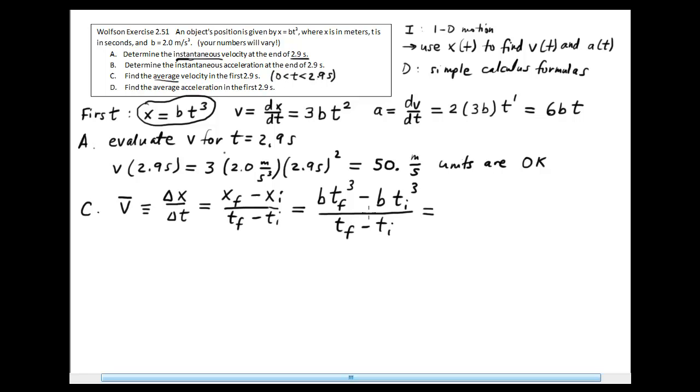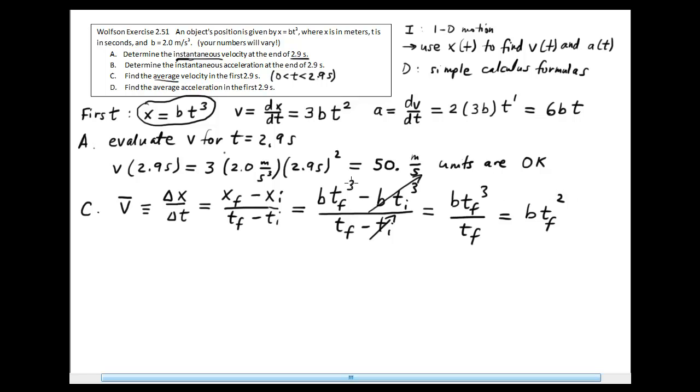So t initial is equal to 0, which knocks out the second term in both the numerator and the denominator. So we end up with b t final cubed over t final, which is just b t final squared. And before even solving this with numerical values, I'll emphasize the reason we do this symbolically is we save ourselves a lot of calculation.